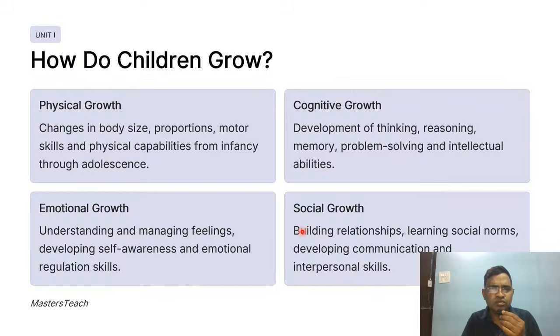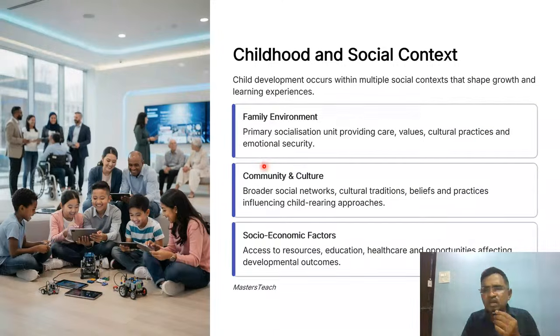Then childhood and social context. Child development occurs within multiple social contexts that shape growth and learning experiences. In social context, a child learns from the family environment, community and culture, and socio-economic factors. The family environment is the primary socialization unit where the child gets care, values, cultural practices, and emotional security.